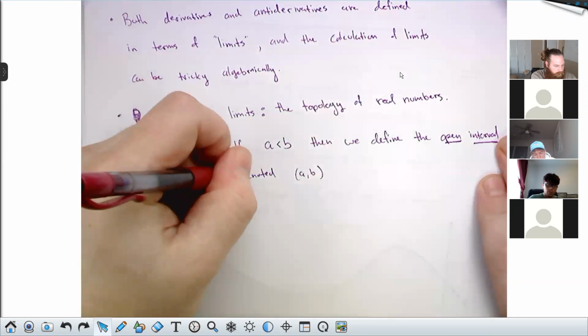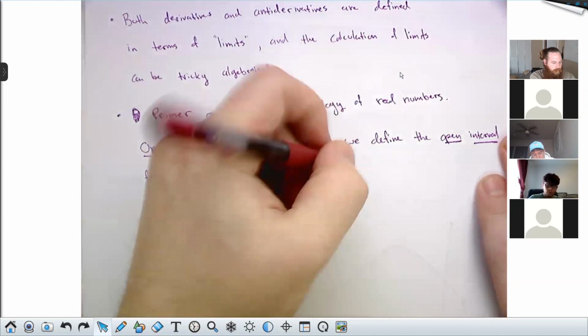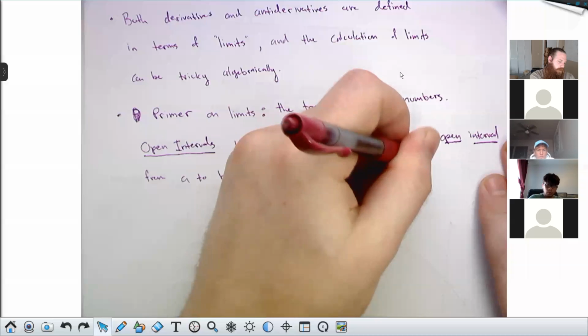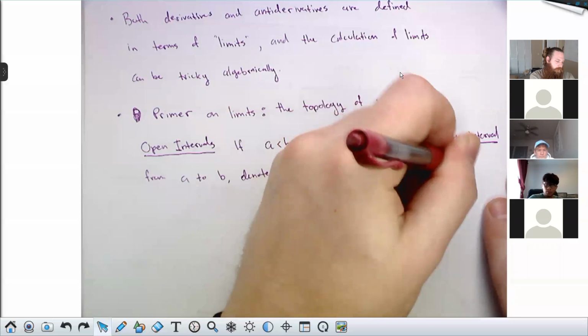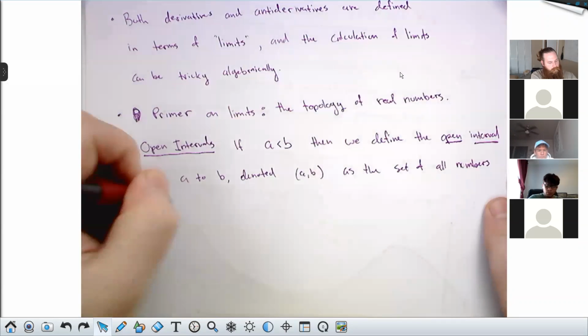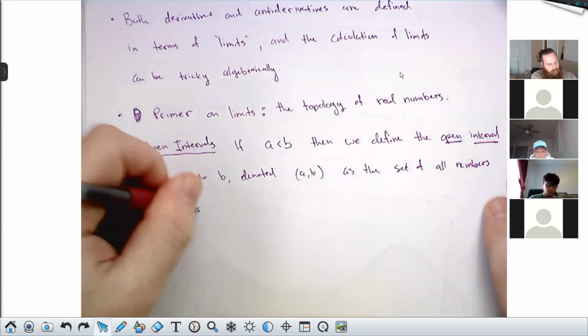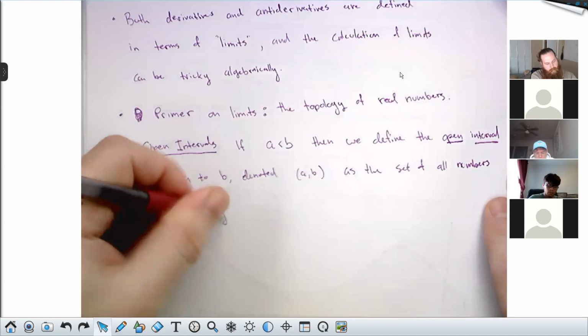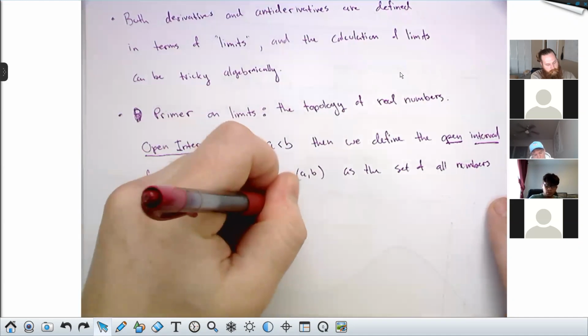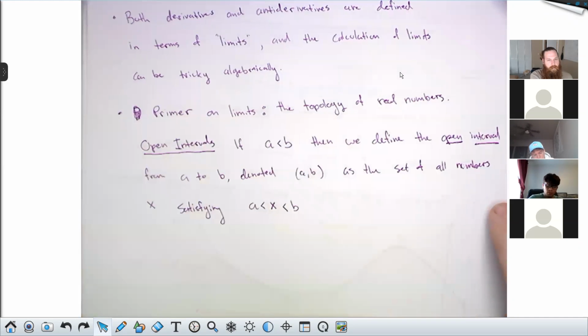Sorry, that's a D, denoted as the set of all numbers x satisfying the inequality A is strictly less than x is strictly less than B.